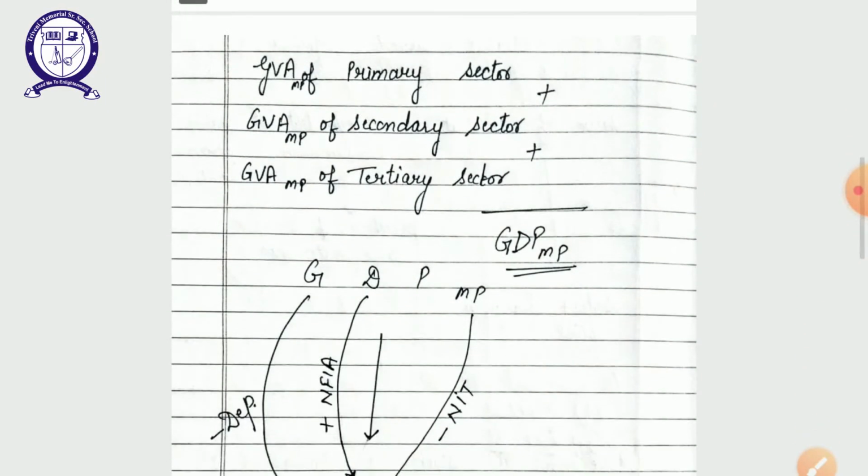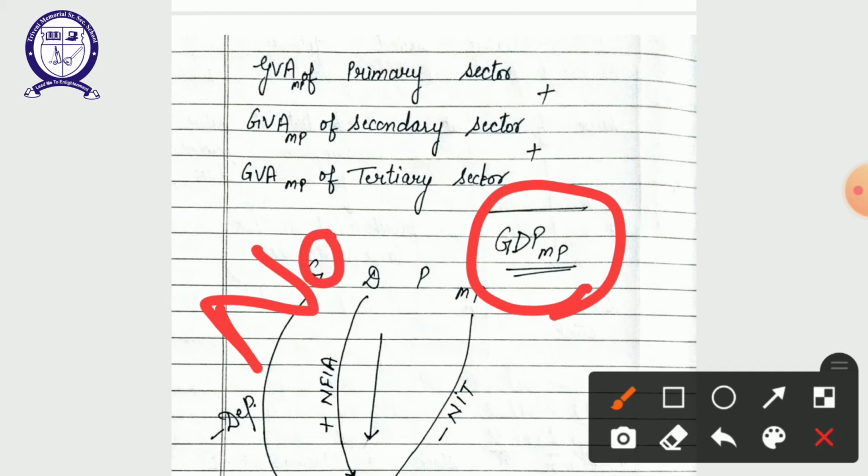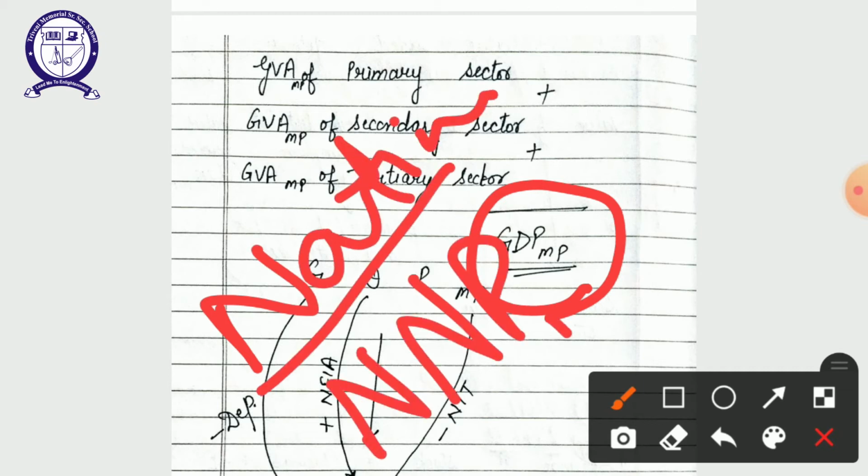After that, we have to find GDP at MP. In this method, value added method, firstly you have to find GDP at MP. With the help of GDP at MP, you are supposed to find national income. National income means NNP at FC.